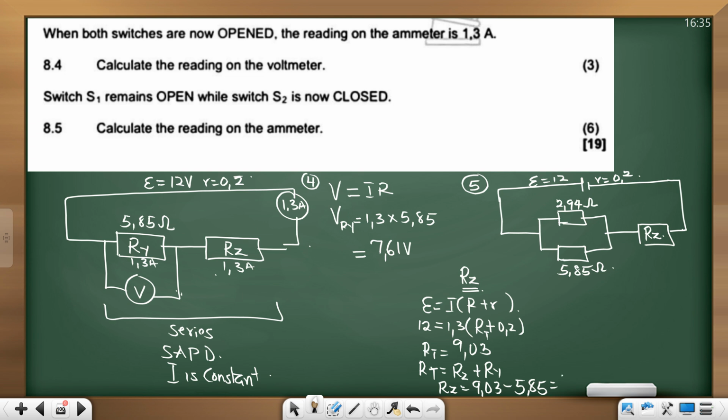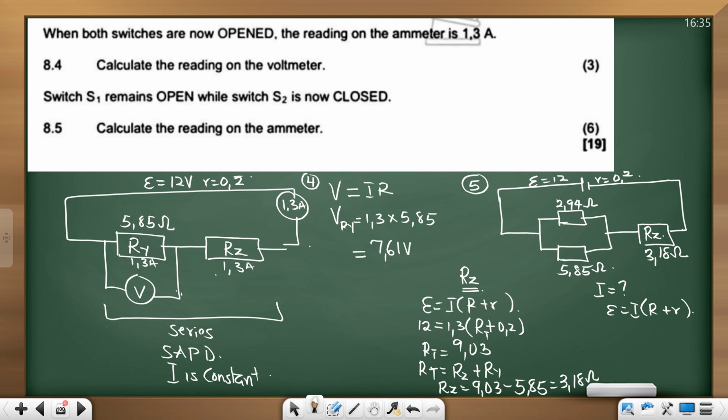Now, guys, having got 3,18, that comes here. May I ask you to please calculate I for me? We have everything we need. Use this formula. It's straightforward now.